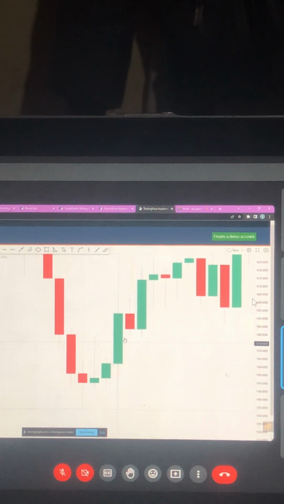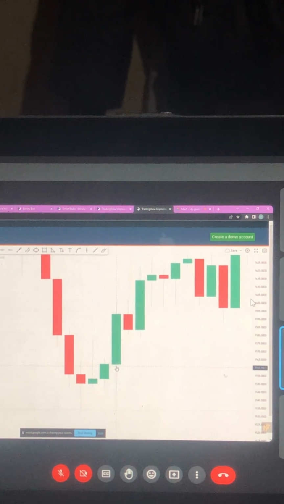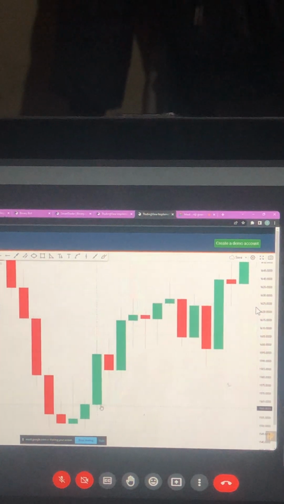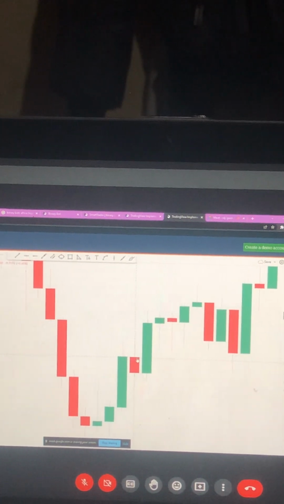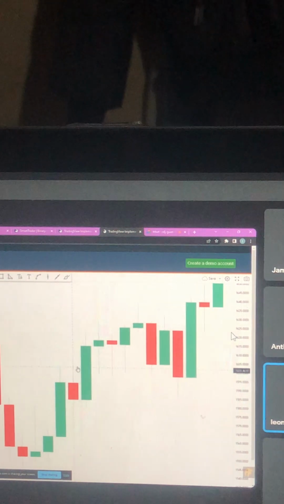A big candle occurred, enough to show that the buyers are in the market, right? So this candle opened up, reached the highest, closed up, but this opened, went up to this point, and then went down to this low, came and closed here. This other candle opened up and then closed up to now.